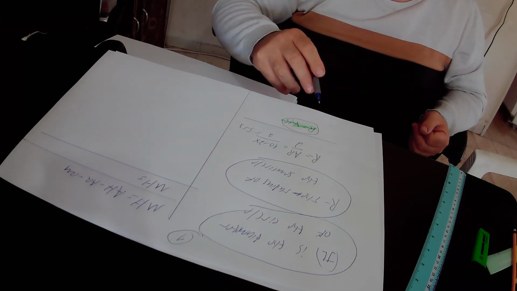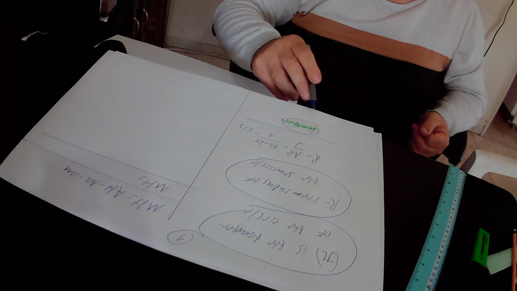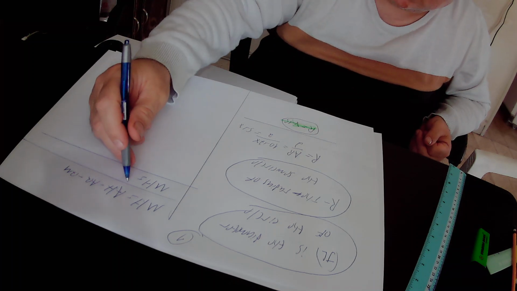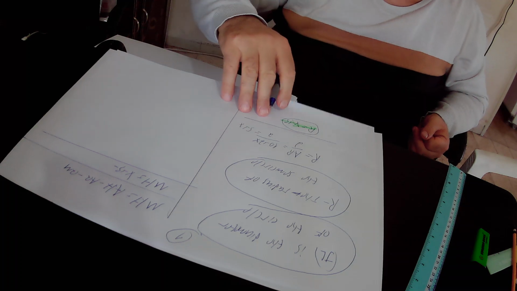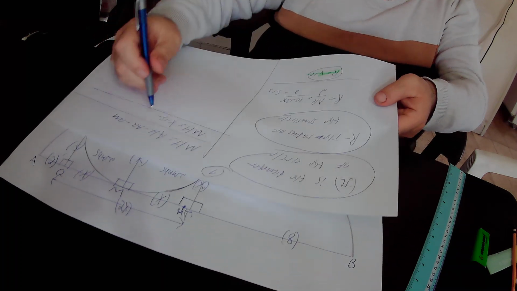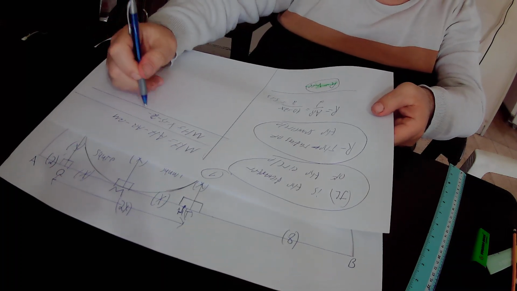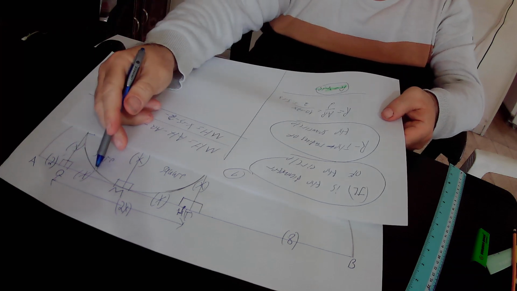We have already found out that the radius of the semicircle, capital R, equals x plus 5, minus AQ, which is 2, minus QM, which is x.